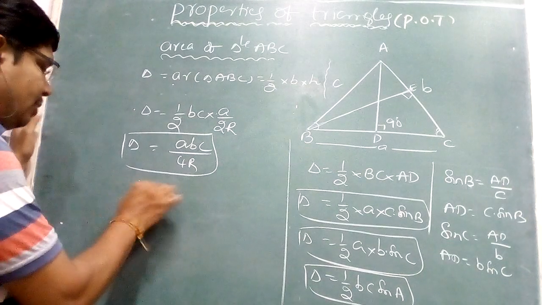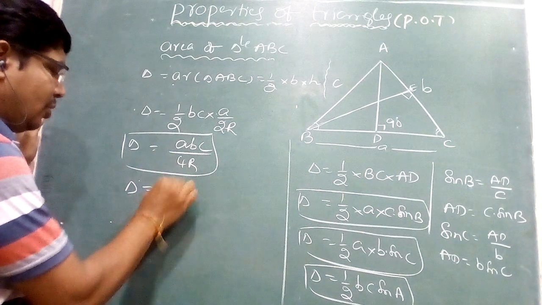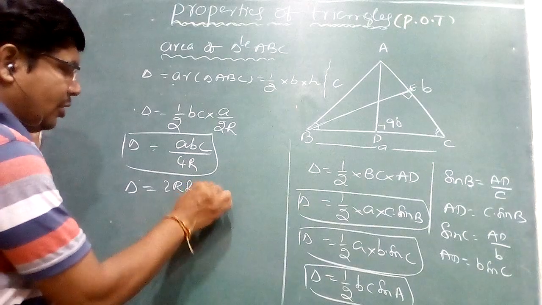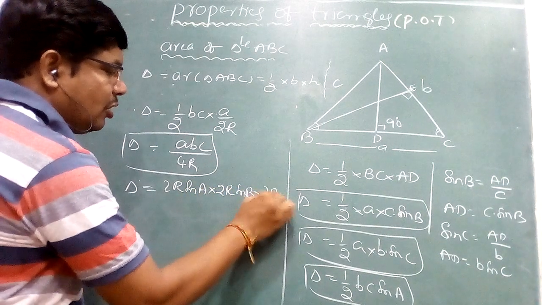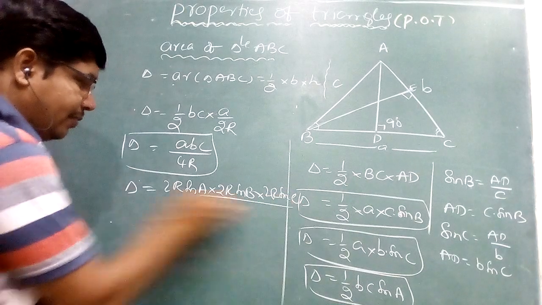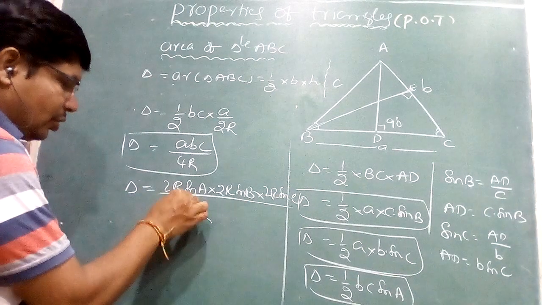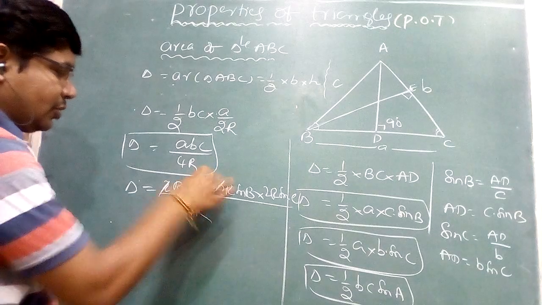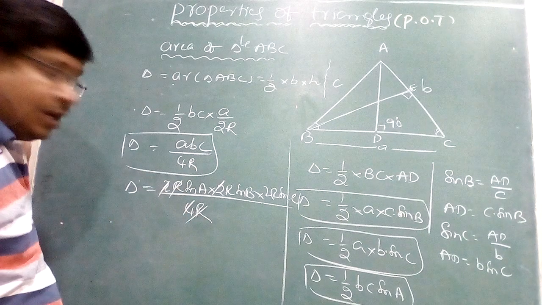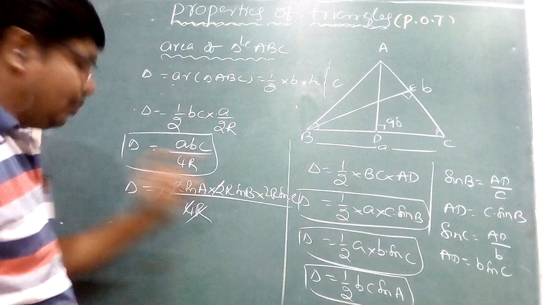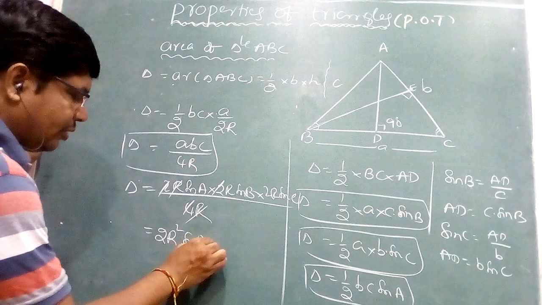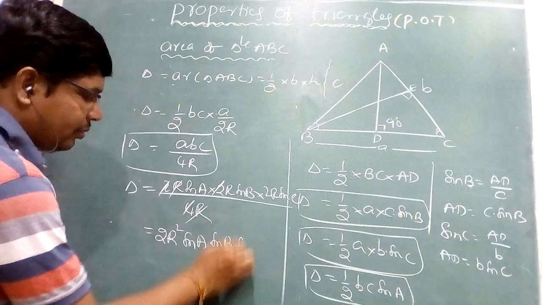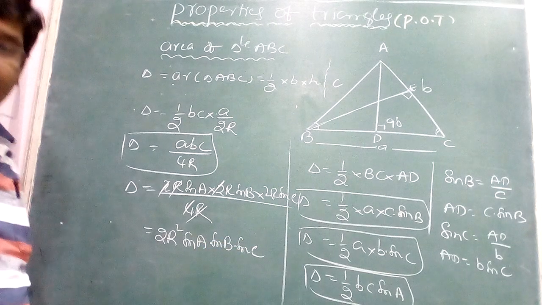And here also I am finding again small a is 2R sin A, small b is 2R sin B, small c is 2R sin C, by 4R. One R gets cancelled. Remaining R into 2R, 2R square into sin A into sin B into sin C. This is one more area of triangle formula.